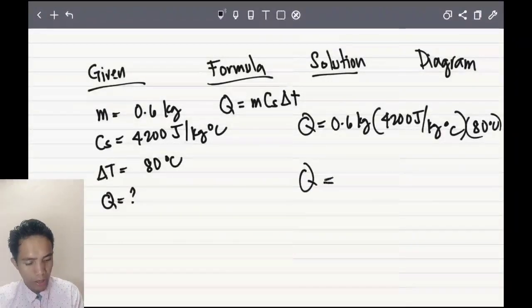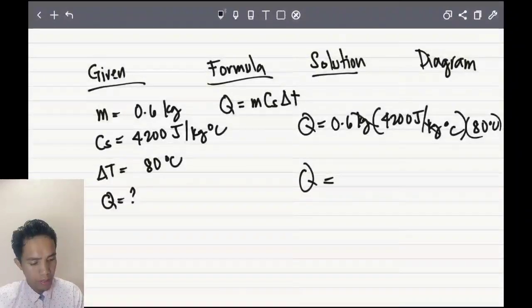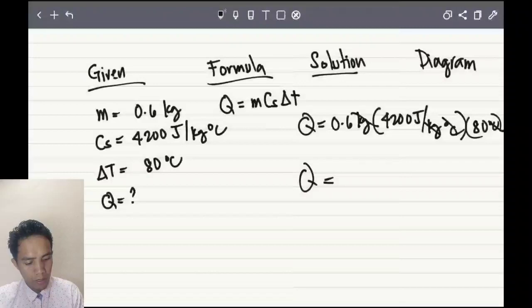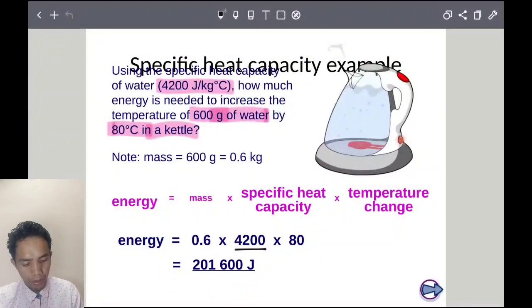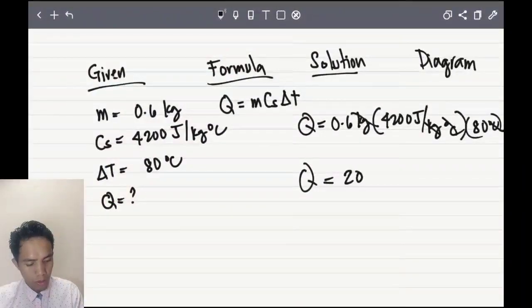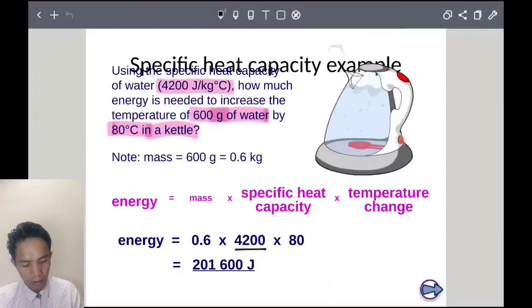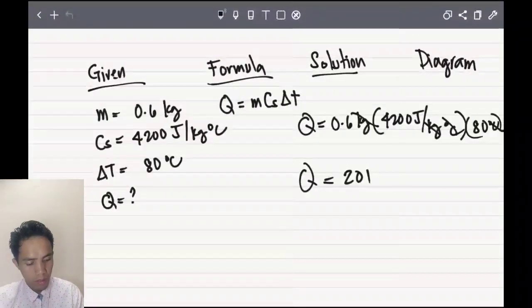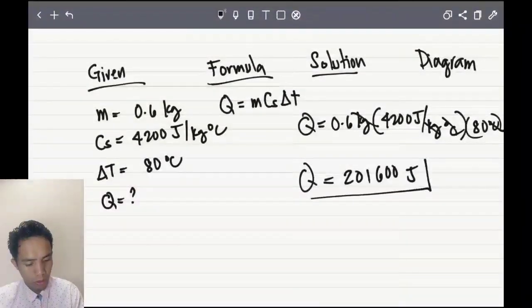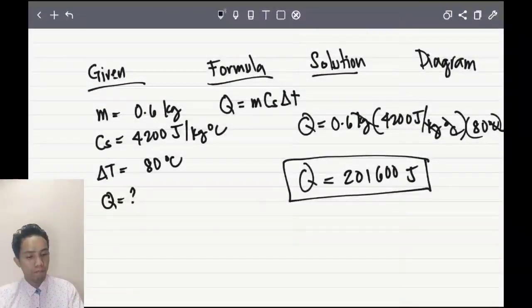And then the units cancel. So the answer here is 201,600 joules. And then the diagram.